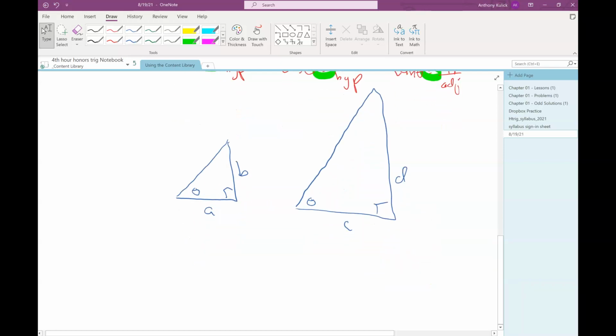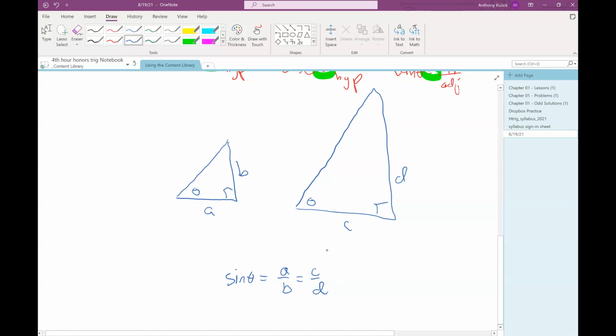You have two triangles that both are right triangles and both have an acute angle theta in them. What we're saying is that sine of theta in the one triangle needs to be the same as sine of theta in the other triangle. Even though the side lengths are different, the ratio of the side lengths needs to be the same.